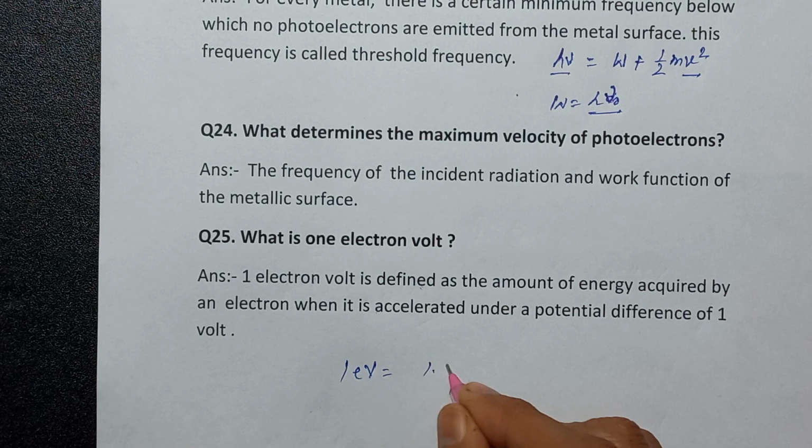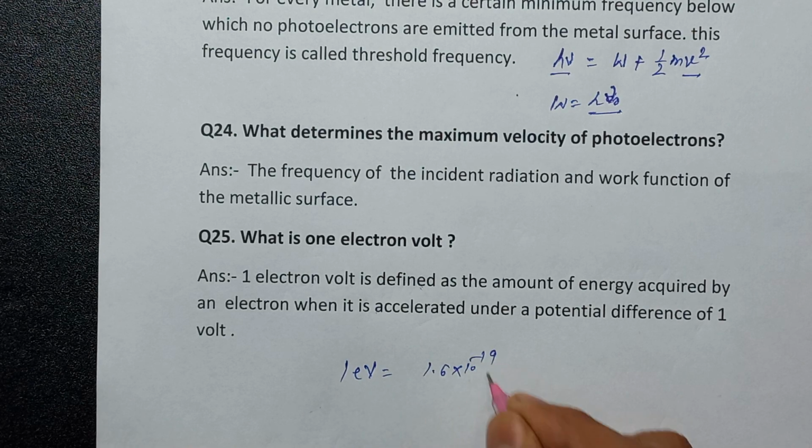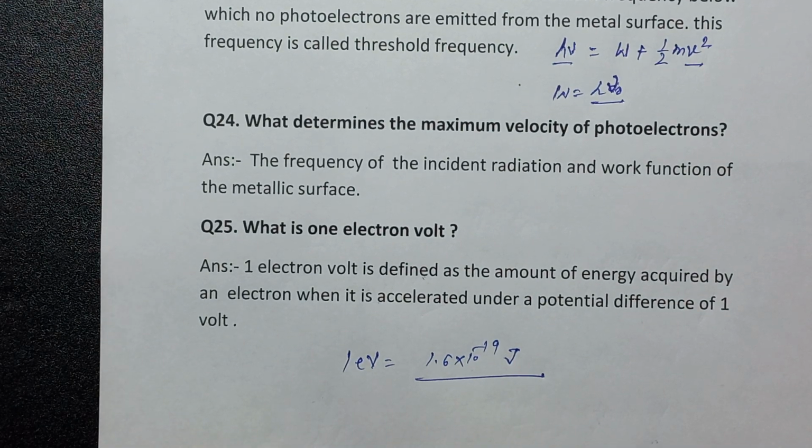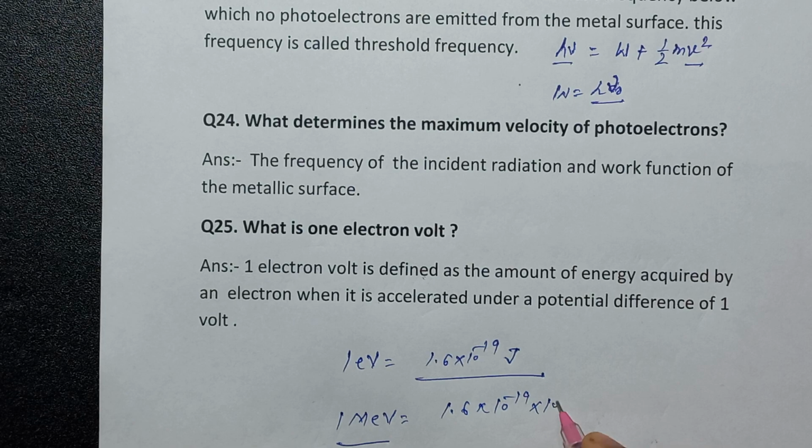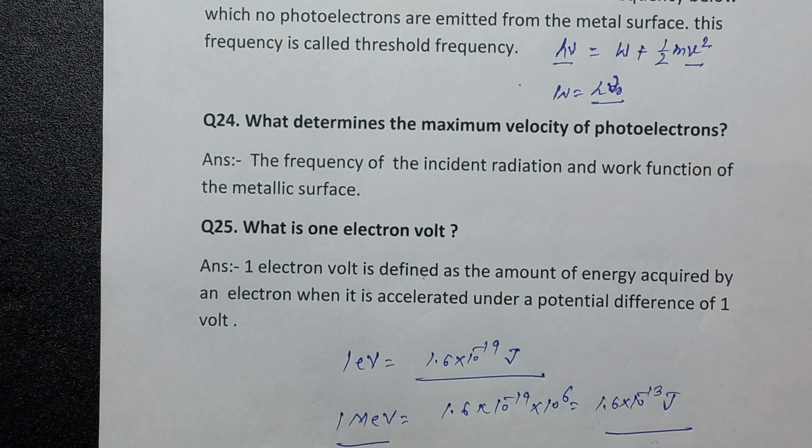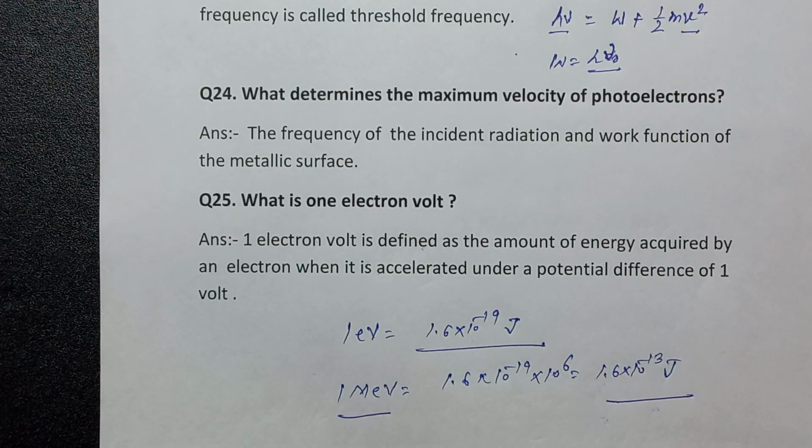You know the charge on electron, so this energy is equal to 1.6 times 10 to the power minus 19 joule. Bigger unit is 1 mega electron volt, which is 1.6 times 10 to the power minus 19 times 10 to the power 6 joule.